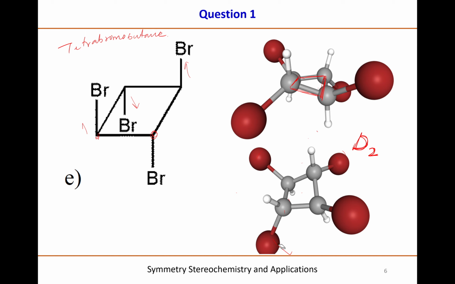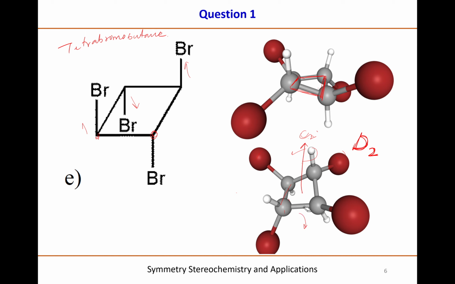And talking about the other plane which is perpendicular to the principal axis, is there any plane? This was the principal axis. Okay, here if we pass the plane perpendicular to this one, this plane will not give the same molecule downside, right? Downside is not the same as upside.